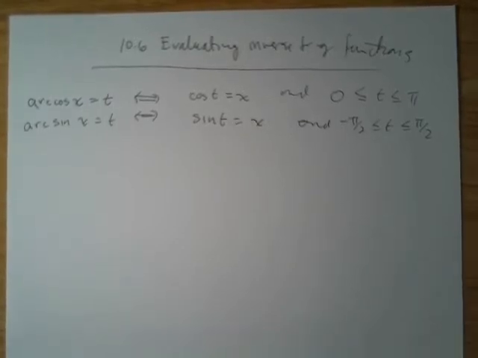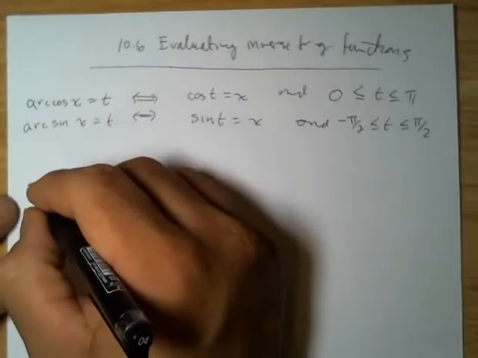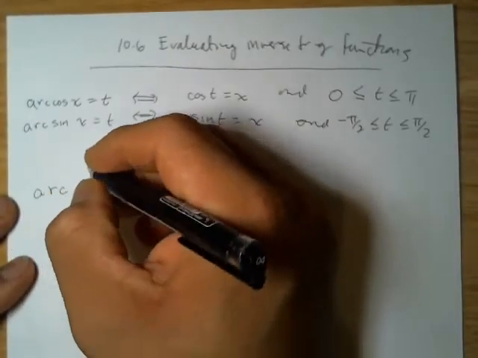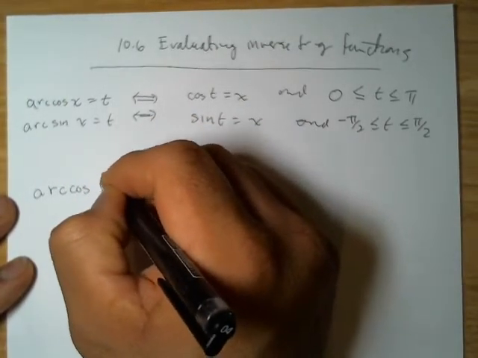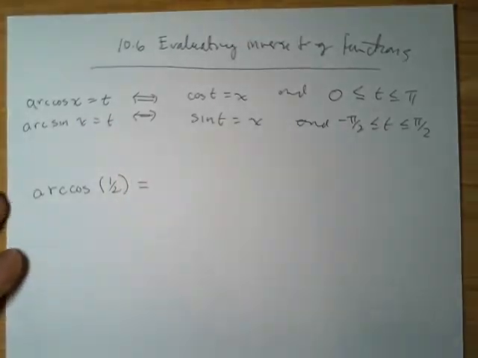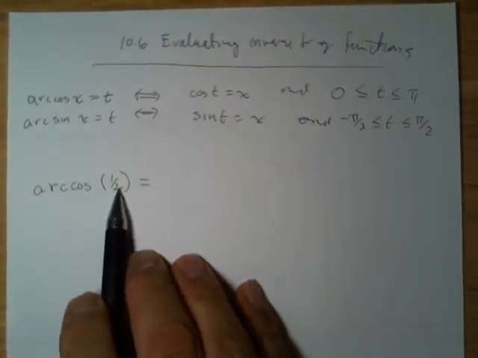So the way you want to think of this is, if we're given arc cosine of 1/2, you want to ask, what angle gives me a value of 1/2?